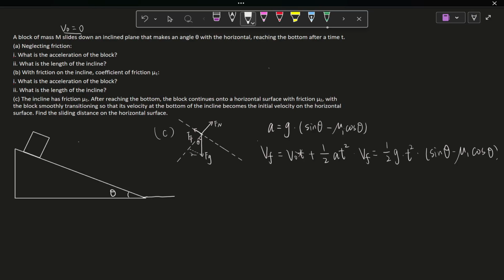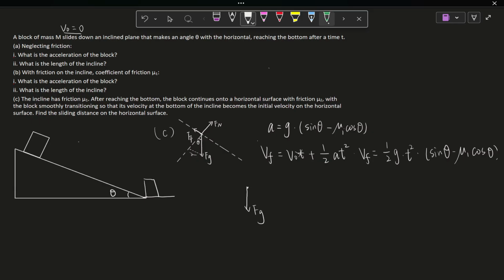Then it smoothly transitions to the horizontal surface. So now let's draw a free body diagram for the object when it's moving on a horizontal surface. This is the block, and it represents the center of mass of the block. Of course, there's gravitational force.